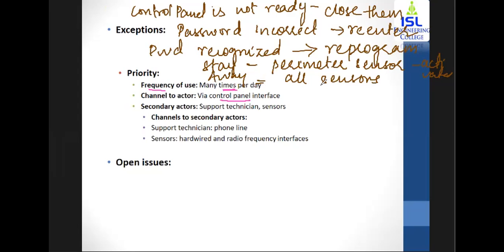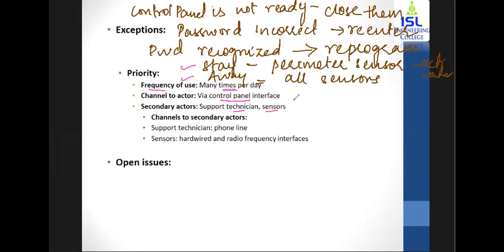He's entering the password, then he can make changes within the sensors, that is the stay function, away function, that all can be identified. Then the secondary actors, what can be the secondary actors within the safe home security system? Within the safe home security system, you can have technicians and sensors.